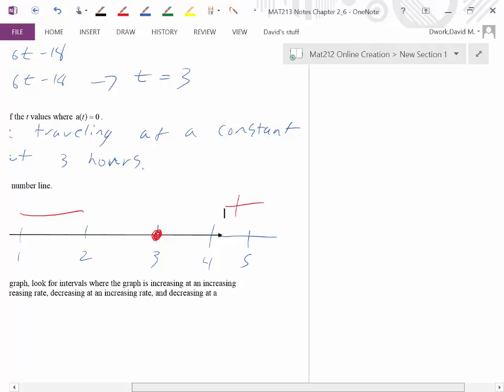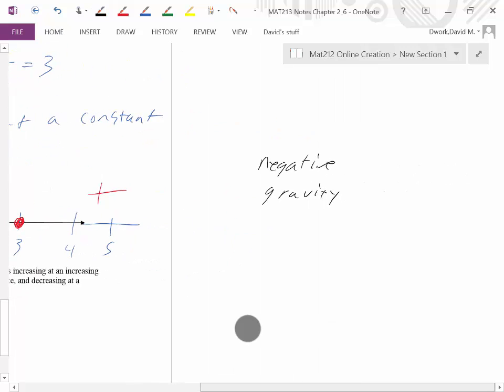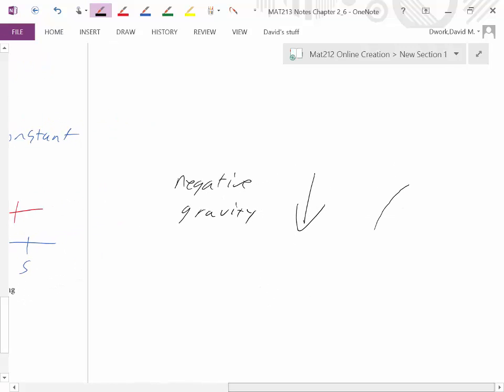Now the easiest way for me to describe positive and negative acceleration is if you think about negative, think about gravity. Gravity is always trying to pull you down. So no matter what you're doing, if you think about throwing a pen up into the air, as we throw it up, the speed at which we're going starts off fast, and it slows down, because gravity's always trying to pull us down, right?